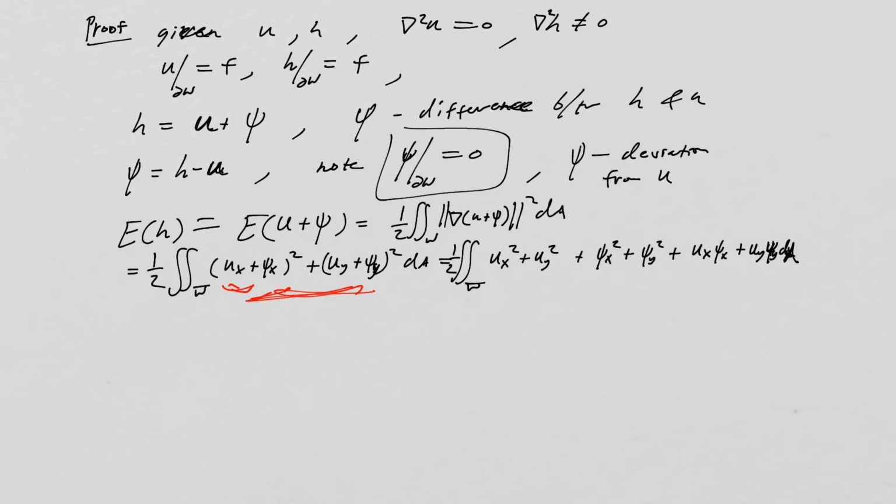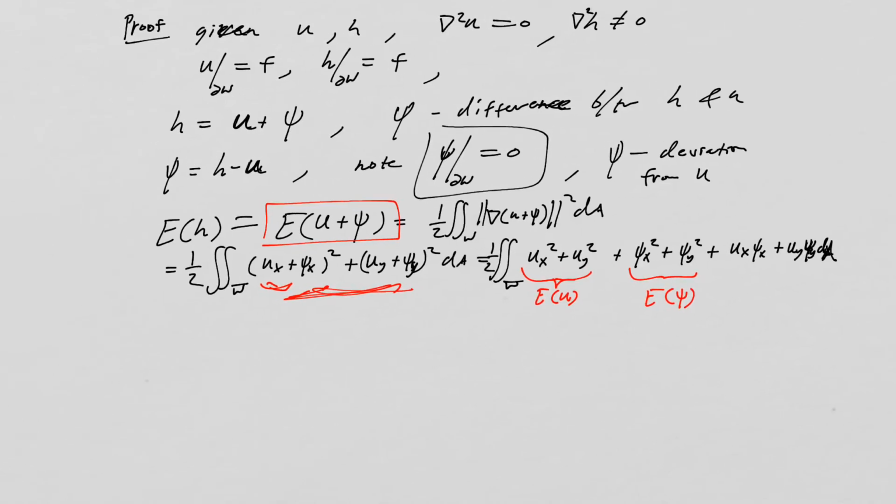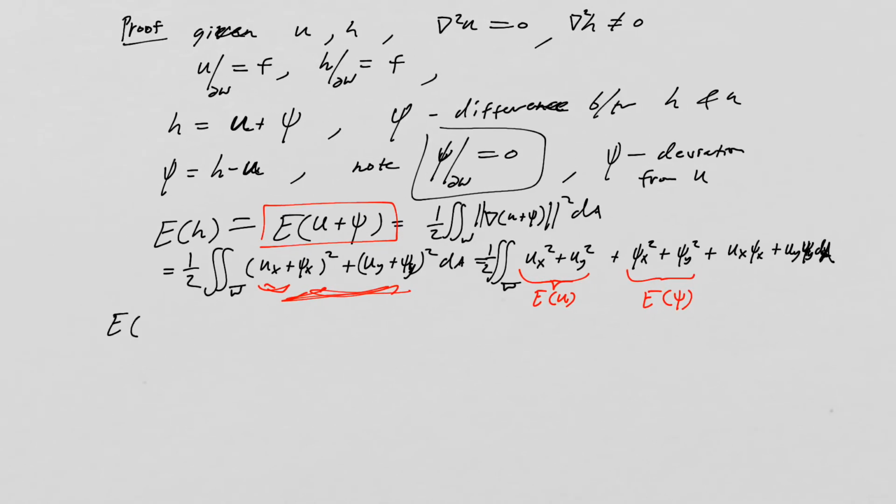Note that this, of course, looks like the energy of U, and that looks like the energy of psi. So again, we started with the energy of U plus psi, and now we can write the following. The energy of U plus psi is equal to the energy of U plus the energy of psi plus a few cross terms.